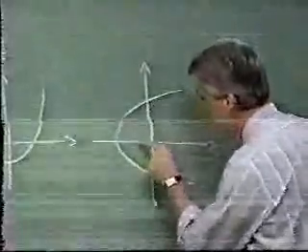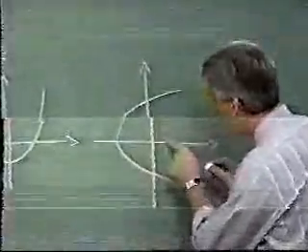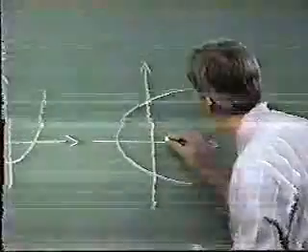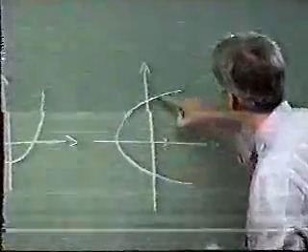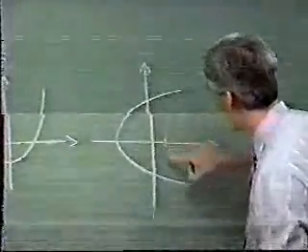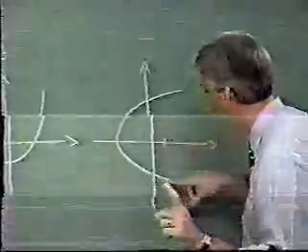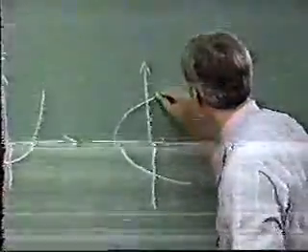For a value of x such as, let's say, this one, there is a y value that describes this point on the graph and also describes this point on the graph. That is, let's say that this point is the point (1, 4), and this is the point (1, -4).